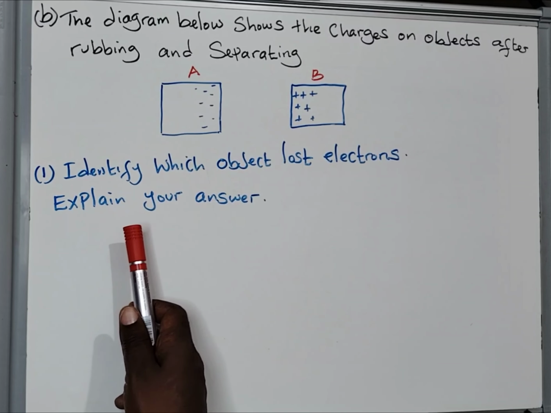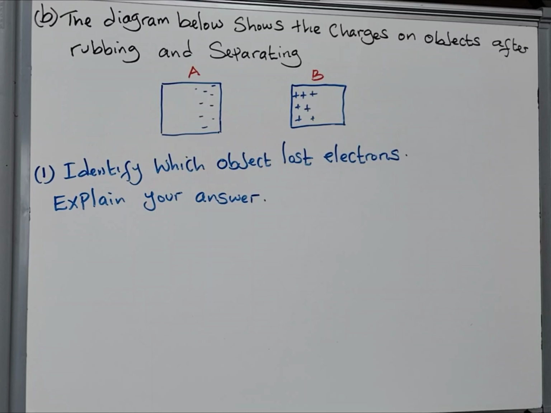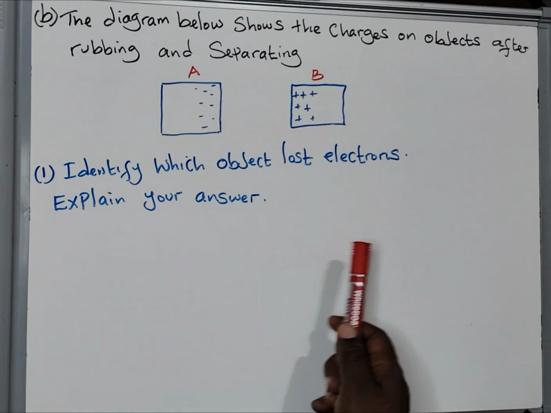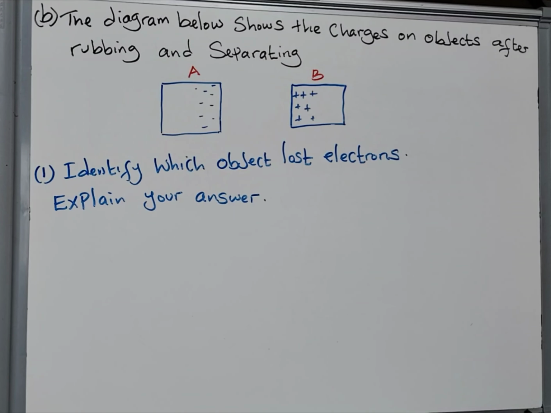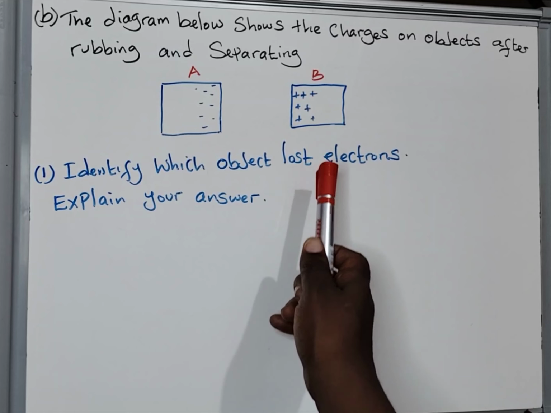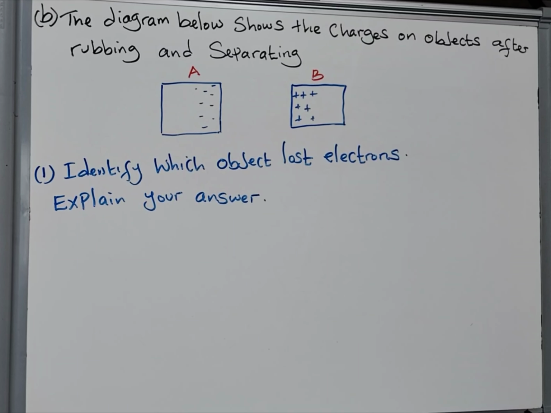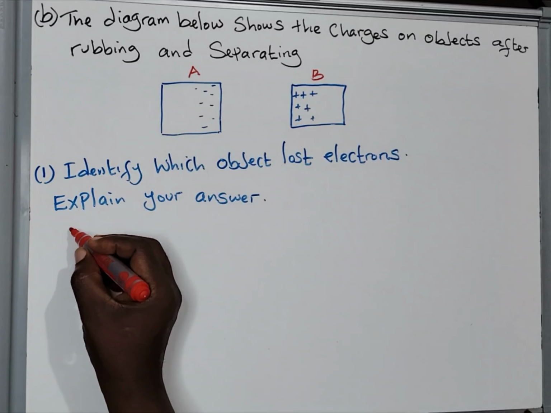The question says, identify which object lost electrons and explain your answer. So we have object A, which is negatively charged, and object B, which is positively charged. And the question is, which object lost electrons? The answer is B.